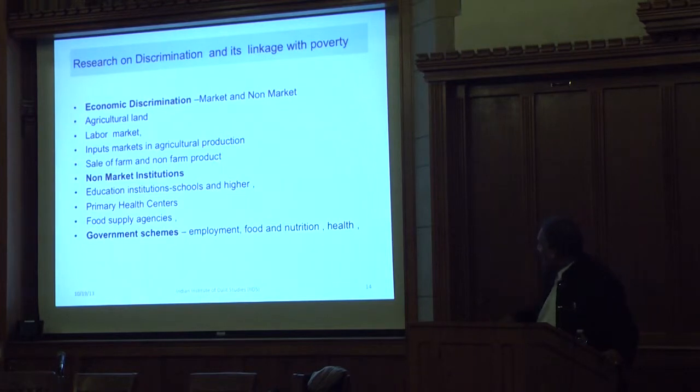We studied the economic discrimination in agricultural land market, labor market, input market for the farmer, and the discrimination in sale of the farm and non-farm output. We generally came to a conclusion that the scheduled caste farmers do face discrimination in having access to labor market, having access to land, having access to inputs that are required in agriculture, and they have a difficulty in sale of farm output, particularly milk and vegetables, which are consumable, because untouchables are considered to be polluting, so they have a difficulty in selling.